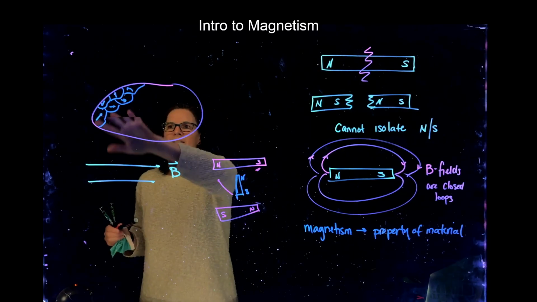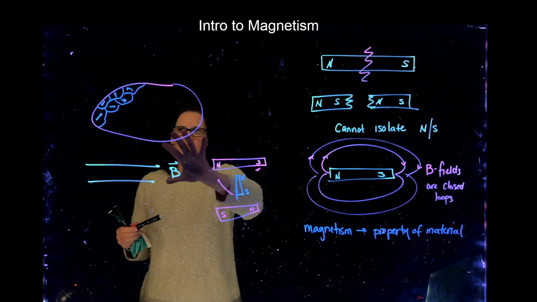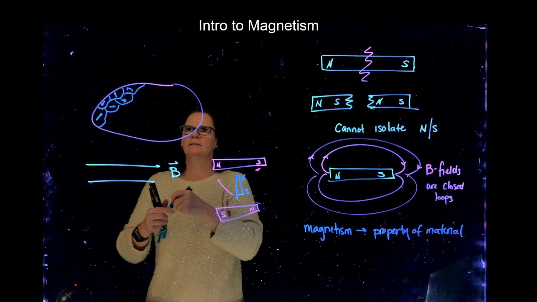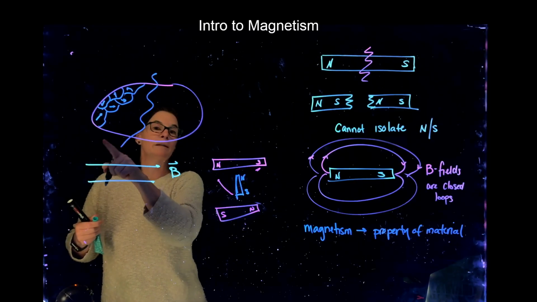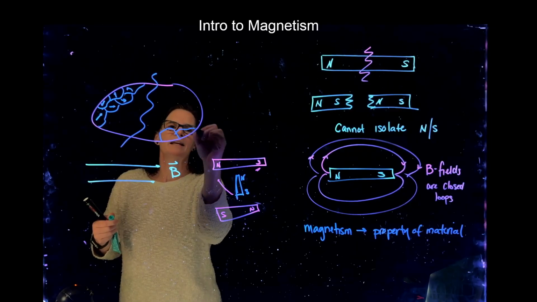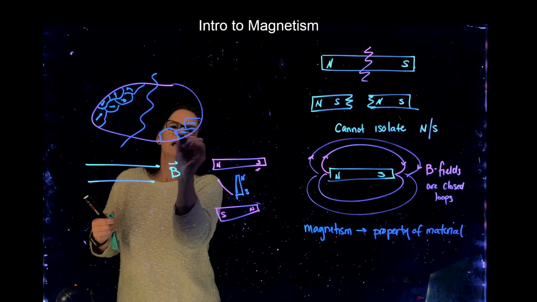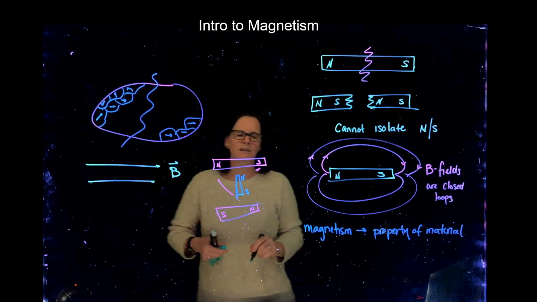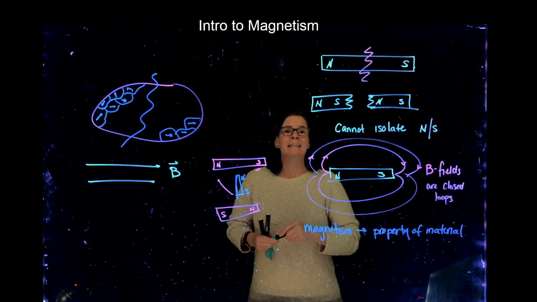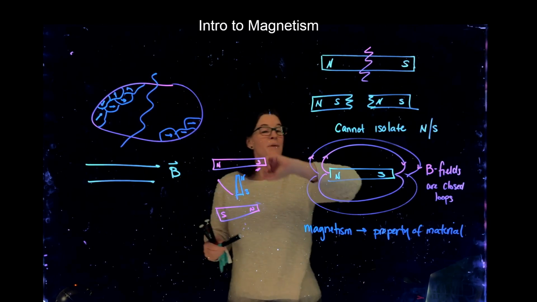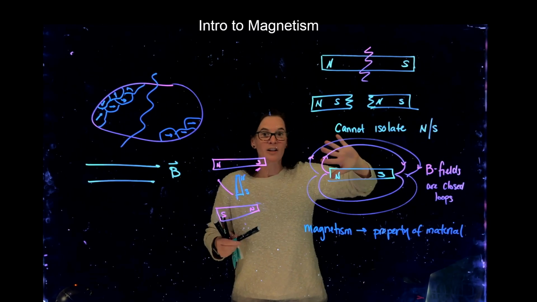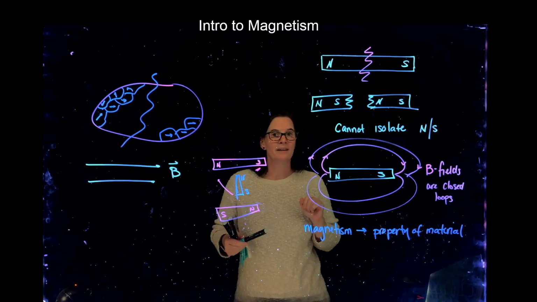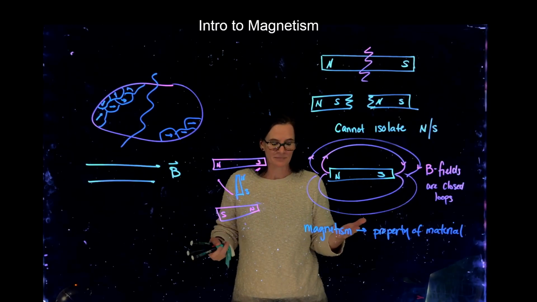Similarly, these domains, when put in an external magnetic field, are all going to line up with that magnetic field. Now this piece of iron is all aligned north to south. It's now a magnet.